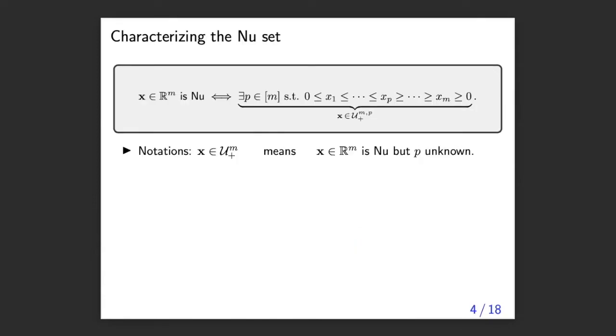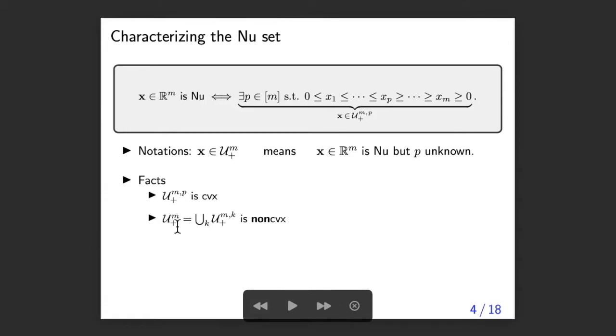Now we characterize the NU set. A vector X is NU if and only if X is inside the NU set of vectors with P known. In general, P is unknown, so I define it like this. This set, U and U plus, have some special properties. First of all, this set is convex.